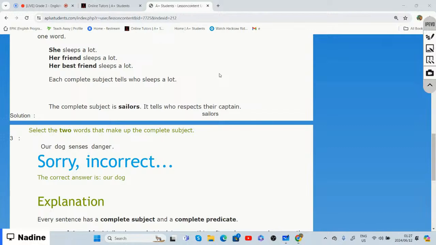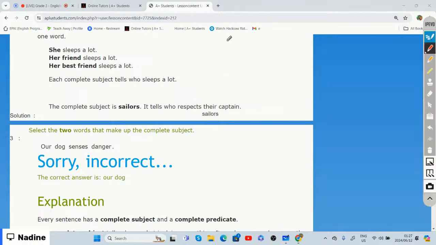And if we were to select the subject within that sentence, it tells us either who or what is doing something.